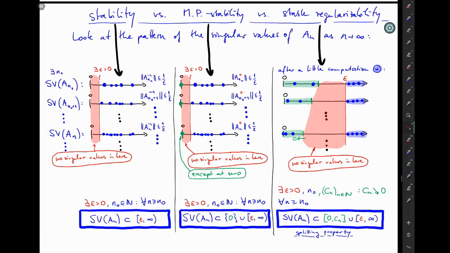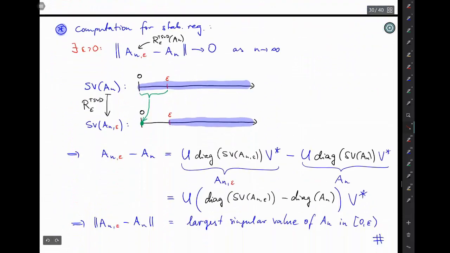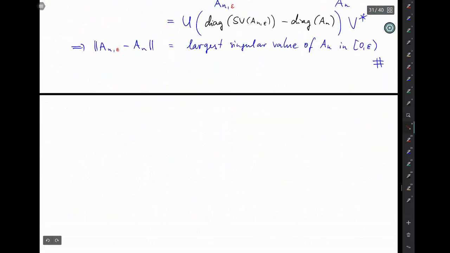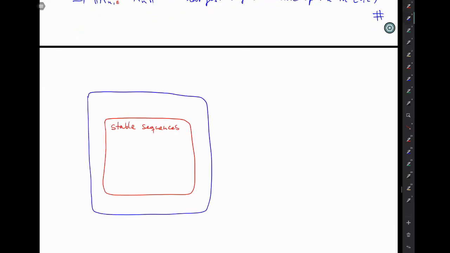So let's close this little discussion and comparison of the three properties by showing a diagram of how these three properties are related to one another. So let's say here is the set of all stable operator sequences. Then a little bit larger is the set of all Moore-Penrose stable sequences.